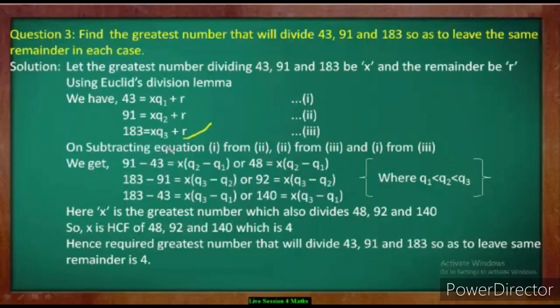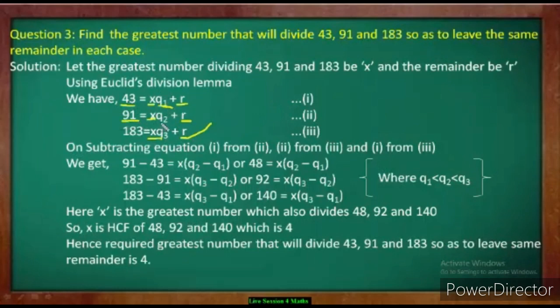Now if we subtract 1 from 2, 2 from 3 and 1 from 3, what do we get? Here x is the same divisor and the remainder is the same, so only the quotient is different. The number is less, so quotient q1 will be less.